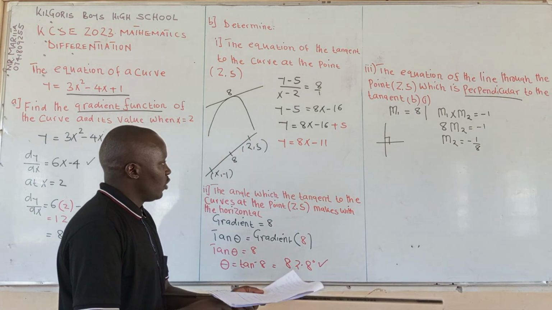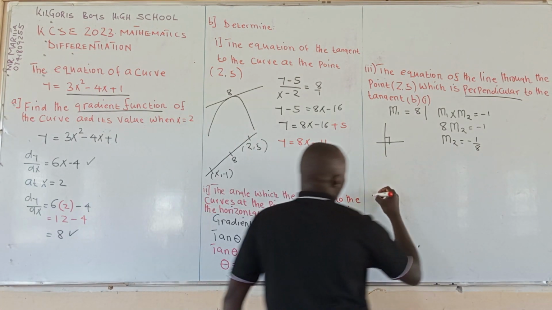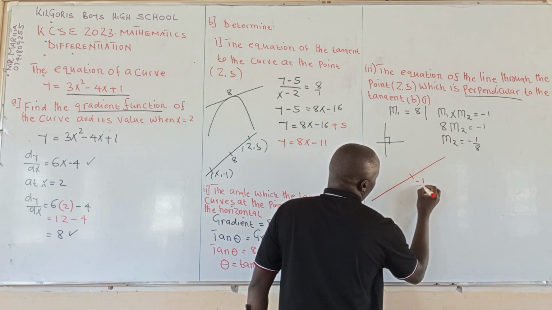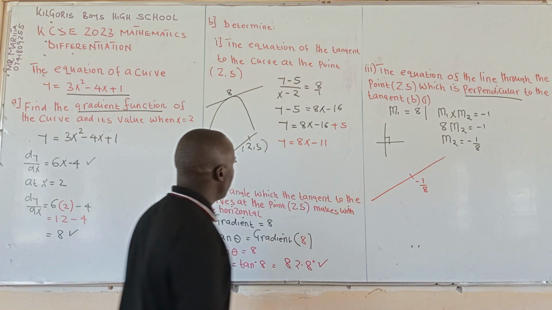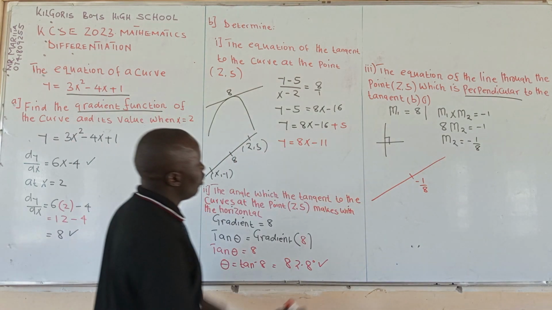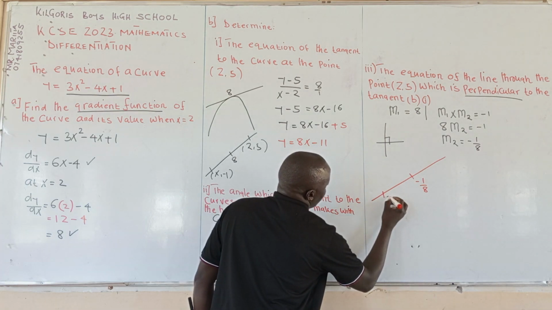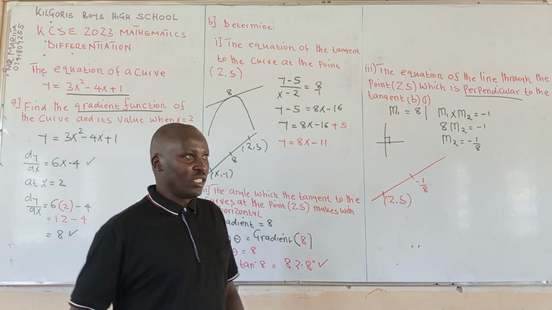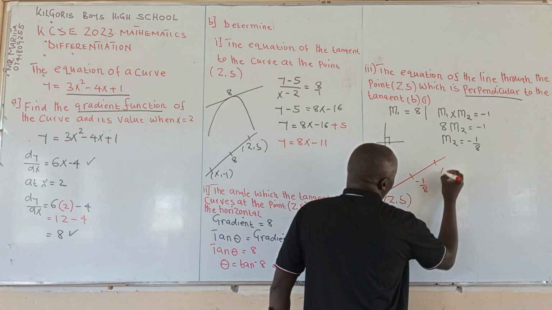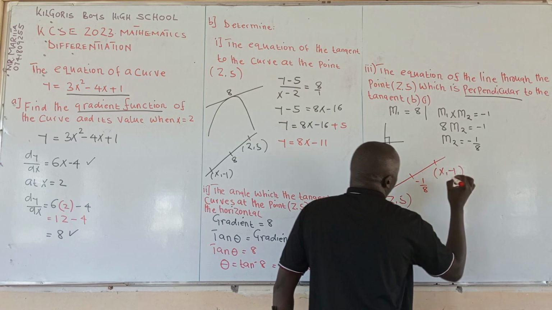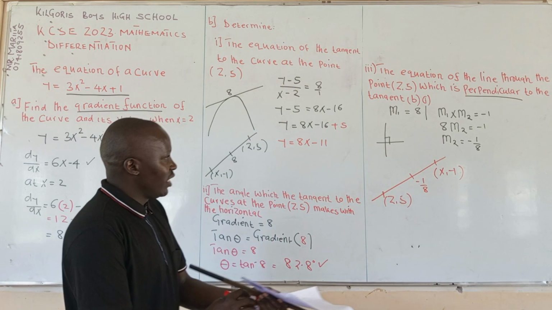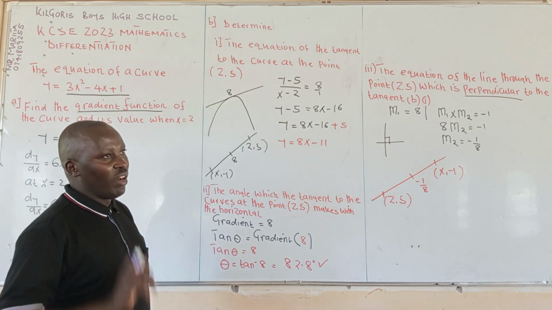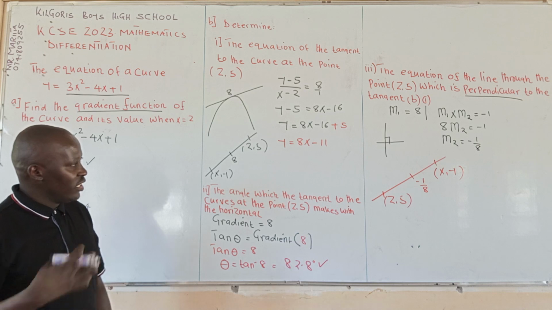Now, if that is what we have as gradient 2, we can have that line where our gradient is -1 all over 8, and the point is (2,5). Let the other unknown point be x, y. You can find the equation of that line by saying that the gradient of a line is given by the change in y coordinate divided by the change in x coordinate.